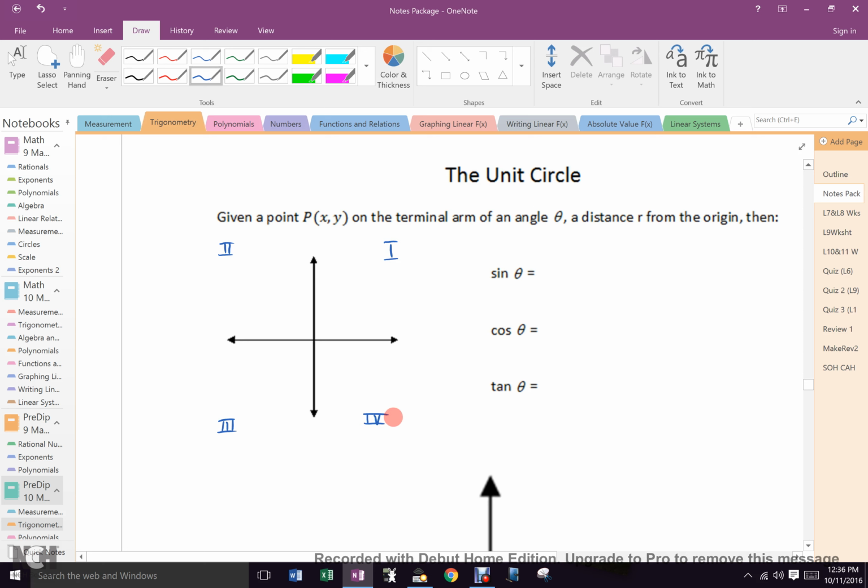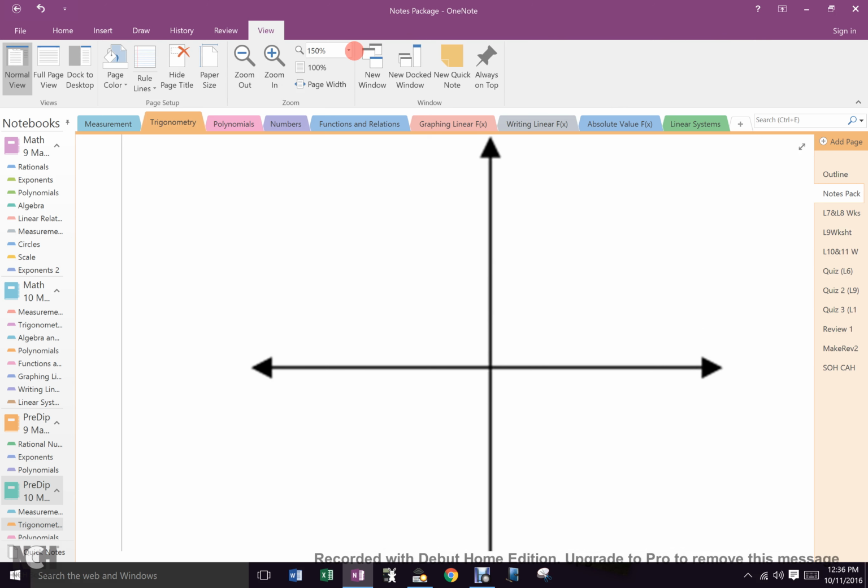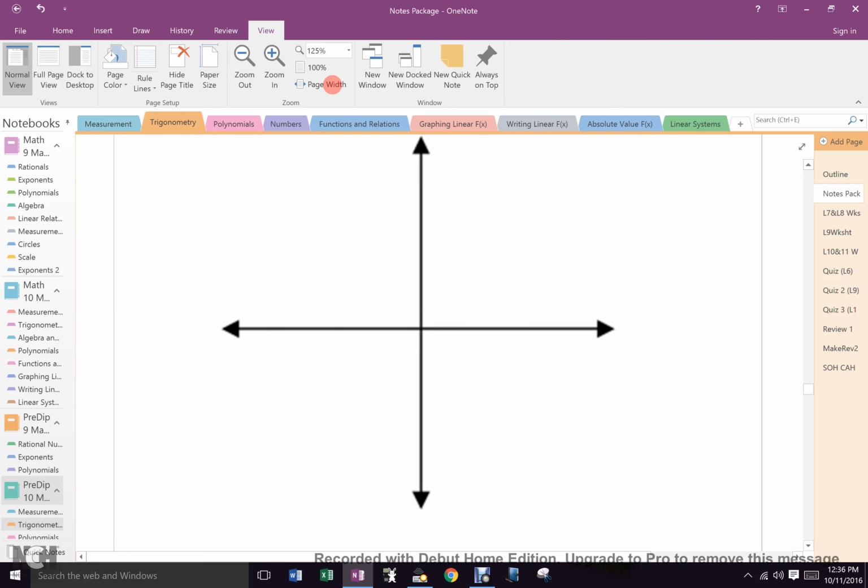Everybody good? All right. Now, next, on the big Cartesian plane, and I will have to shrink mine down a little bit to get it all on the screen at once, sketch a circle that joins the arrows.